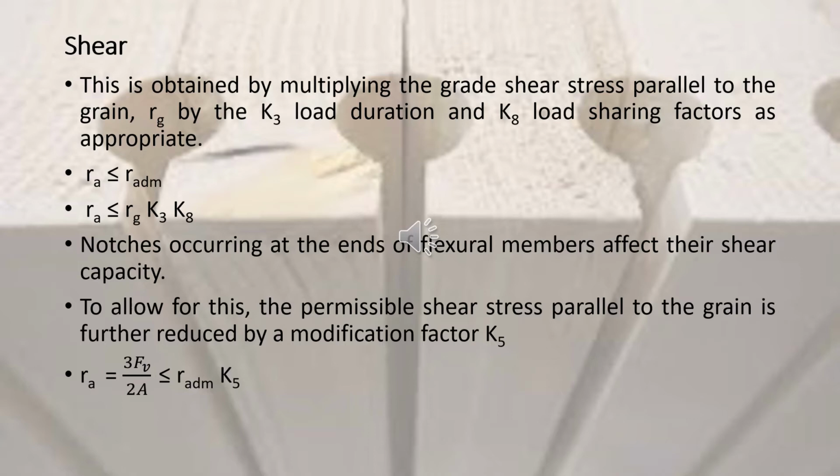The permissible stress parallel to grain is obtained by multiplying the grade shear stress by the respective modification factors, K3, which is the modification factor for load duration, and K8, which is the modification factor for load sharing.